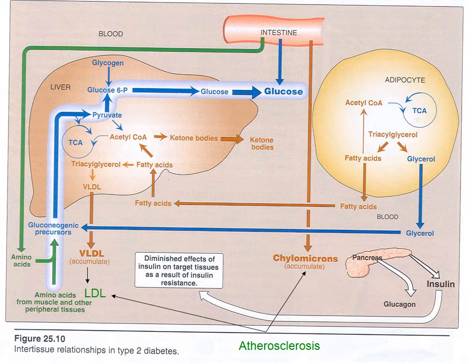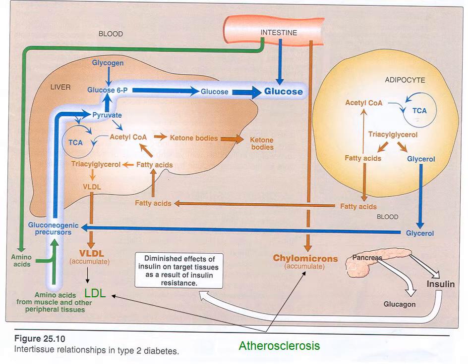But nonetheless, if we head back down here to the liver and we look at the gluconeogenic precursors, well, now we see that in this type 2 diabetic that's already got high levels of glucose in the blood, that's already got poor insulin sensitivity, gluconeogenesis is kicking in, and the patient's liver is actually making glucose and dumping it into the plasma.